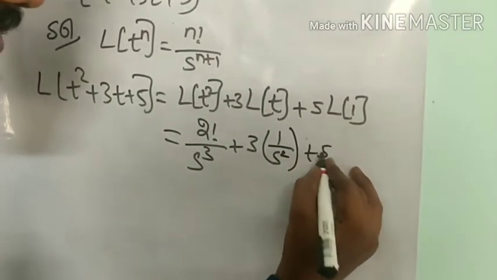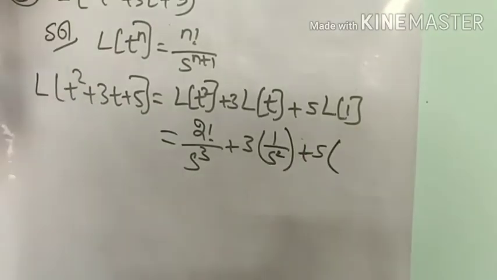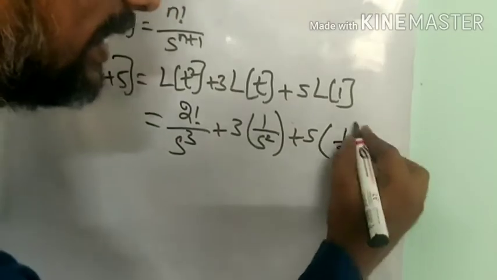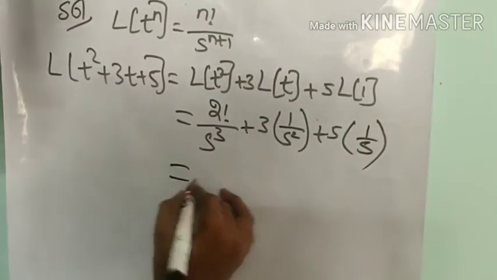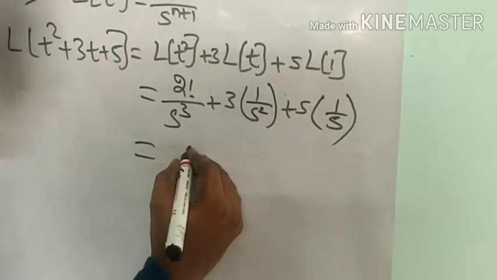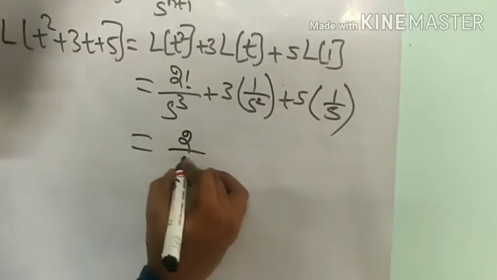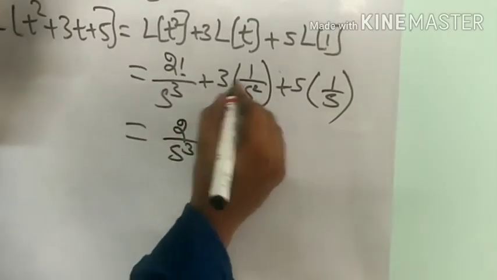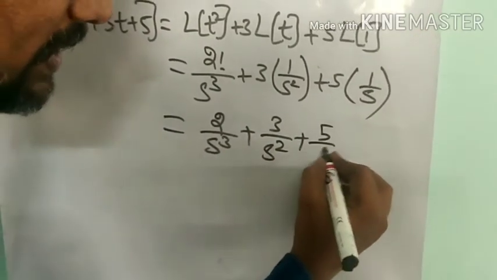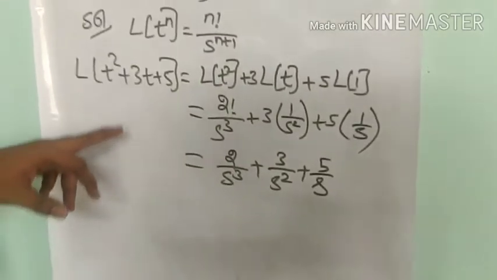And 5 into Laplace of 1, that is the first formula, 1 by s. Now 2 factorial is 1 into 2, that is 2, so 2 by s cube, plus 3 by s square, plus 5 into 1, so 5 by s. So this is the answer.